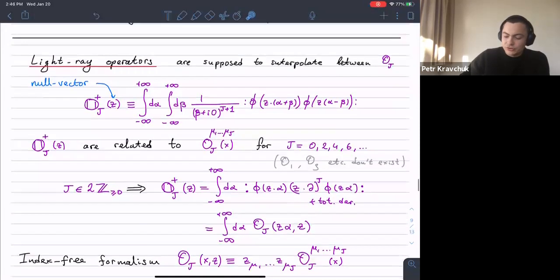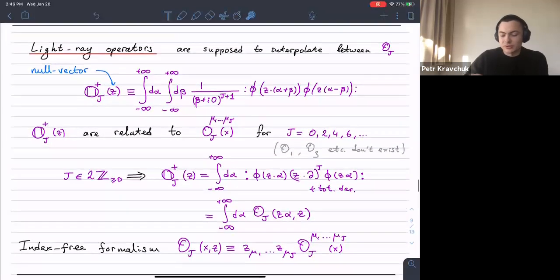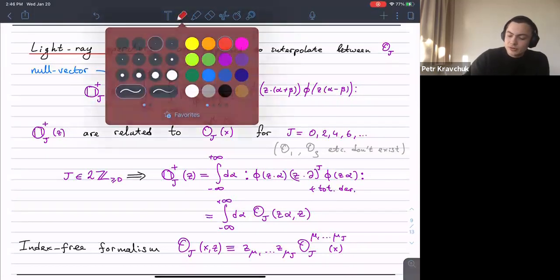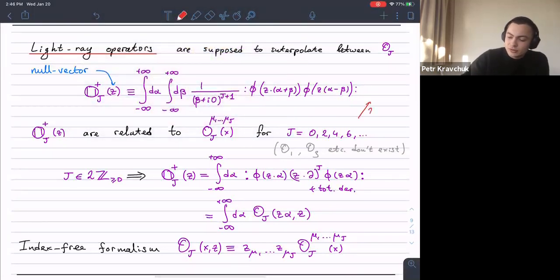So these perturbative light-ray operators that analytically continue, in some sense interpolate between this particular family of local operators, can be perturbatively written in the following form, where we have again something quadratic in the field phi, normal ordered, but now we have some null vector z, and we're integrating phi along this null line.